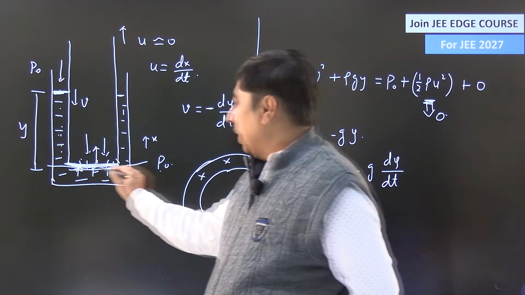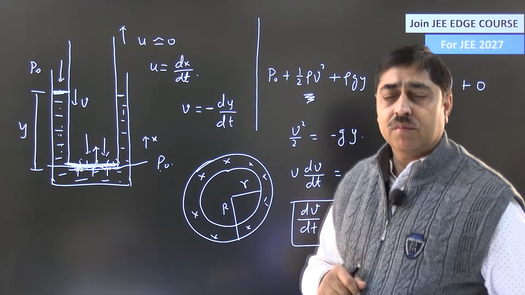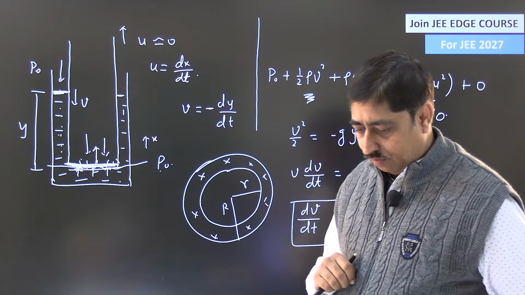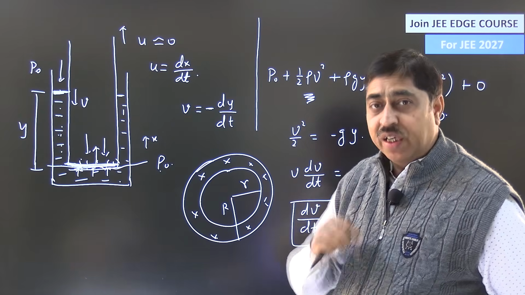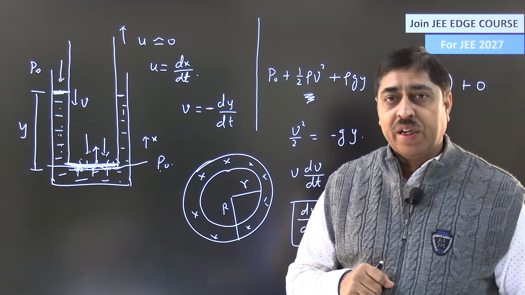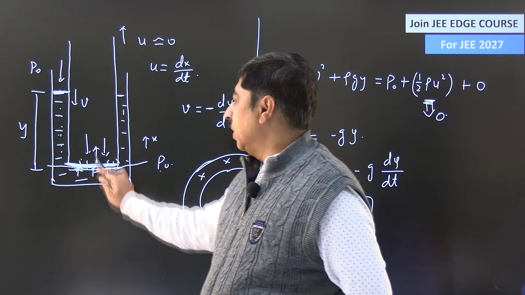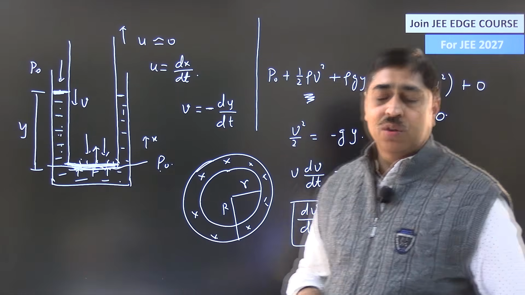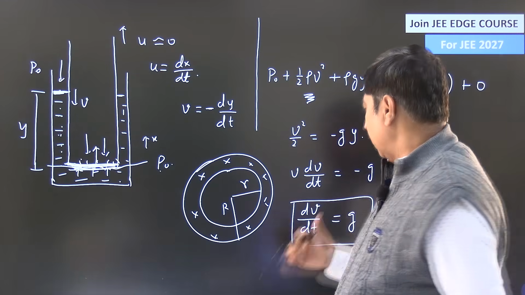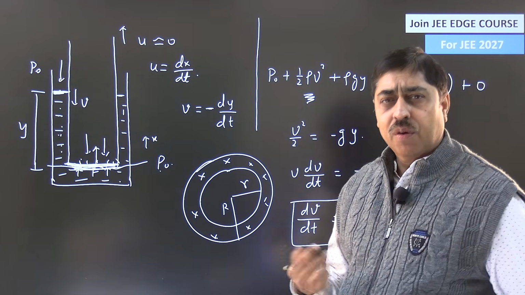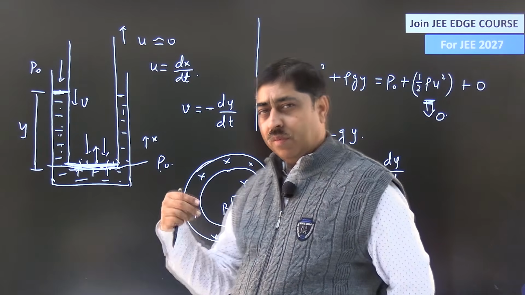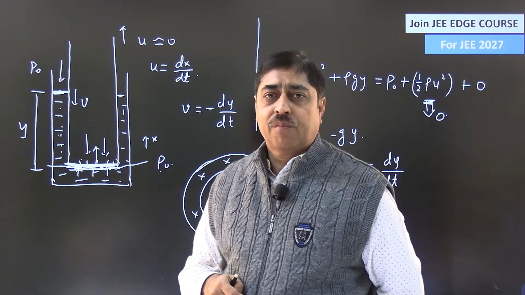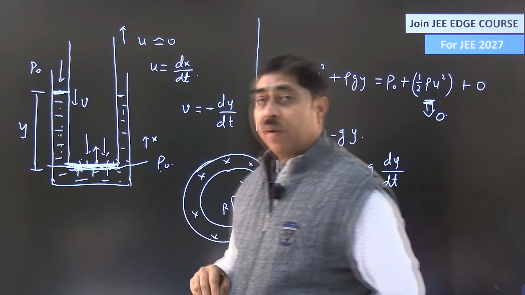But this was not the question. The question asked me to find the acceleration of the cylinder. So I need one more relation which can tell me what will be the acceleration of this surface of water over here when the acceleration here is known, and that can be done using the continuity equation. Again, let us assume that this is going up with speed u and this is falling down with speed v.